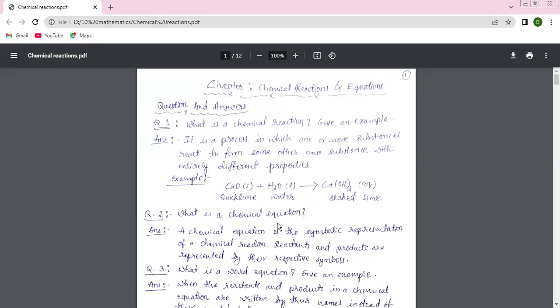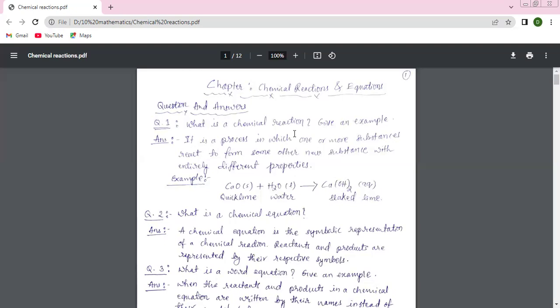This is a chapter in the subject of science for the students of 11th or 10th, even for state syllabus or CBSE or for ICSE. So it is useful for all the 10th standard students of the state syllabus or the central syllabus.